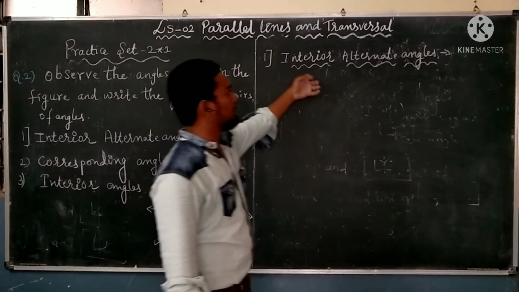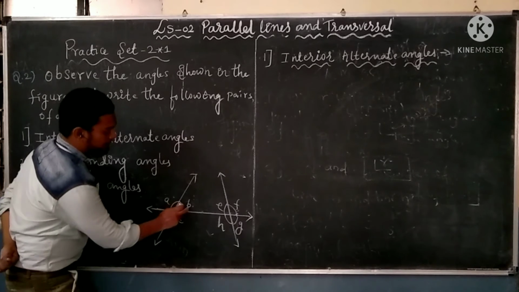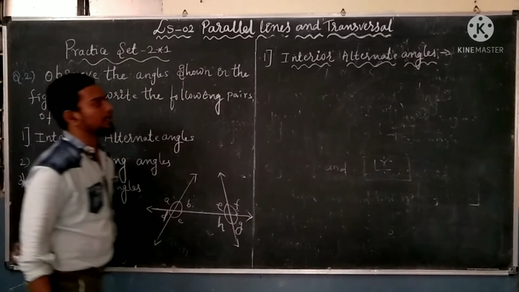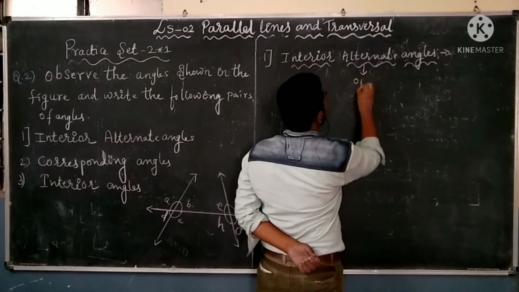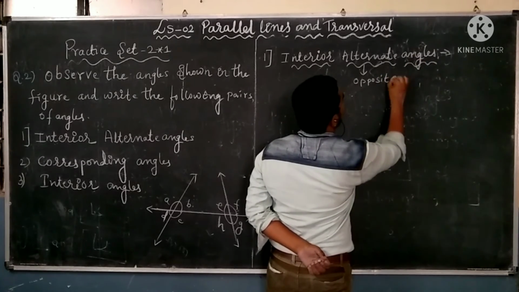Interior alternate means opposite. B opposite is H and C opposite is E. Interior alternate means opposite angles.